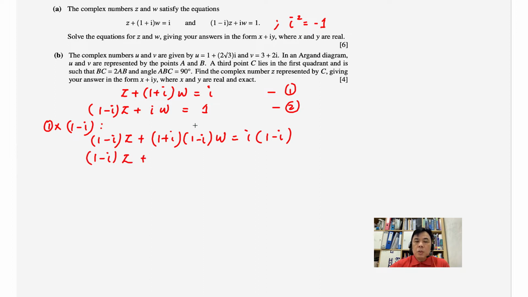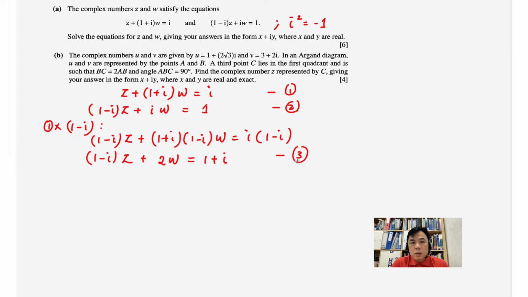You can actually key this into a calculator if you have no idea how to do this manually. Typically it's just a 2. So in this case, it's just 1 plus 1, so it's just 2w is equal to, and this one we can simplify, we have 1 plus i here. That will be our third equation here.